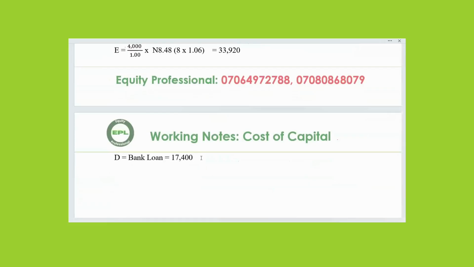Total value for Kilimanjaro is equal to value of equity plus value of debt, which is equal to 33,920 plus 17,400.